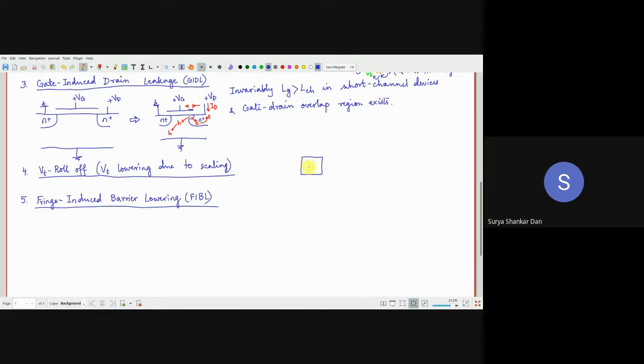This is your silicon channel, and this happens to be your SOI region. Okay, this is not SOI. SOI is this one. So this itself is SOI, silicon on insulator. So this I will call buried oxide.